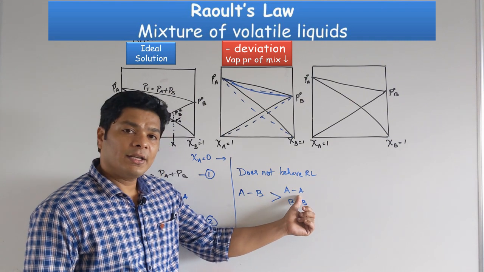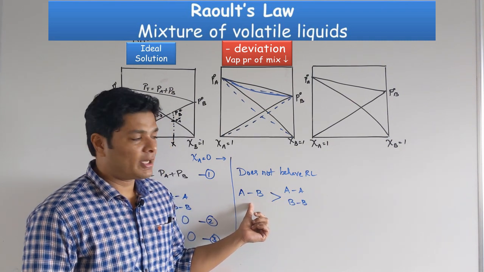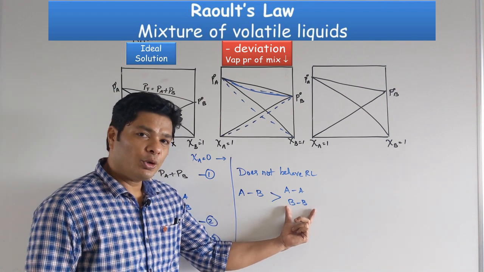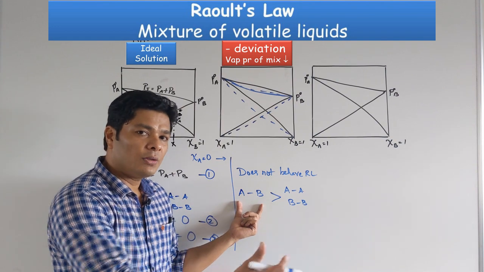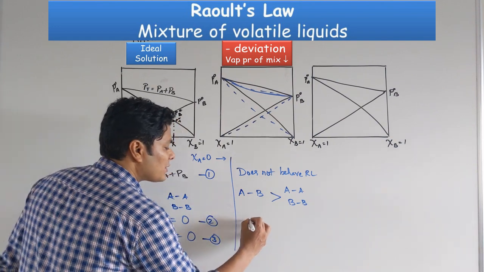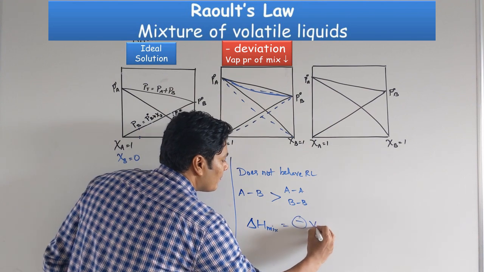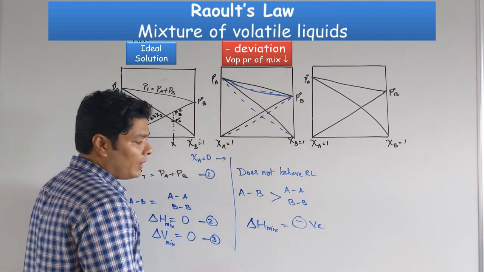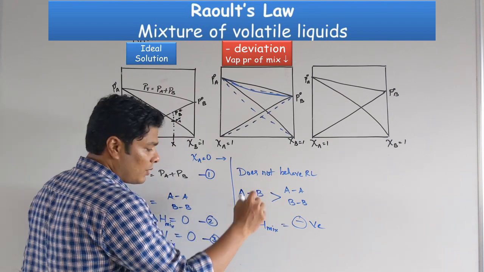So, breaking is endothermic, bond forming is exothermic, or interaction is exothermic. So, the amount of energy I need to put to break this is lower than the amount of energy that is given out. So, this is going to be an exothermic process. So, delta H of mixing is negative, okay, because I break weaker bonds, I form stronger bond.